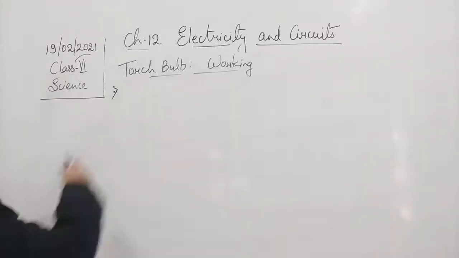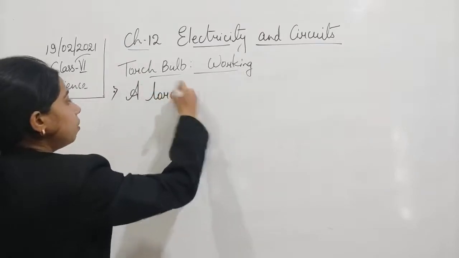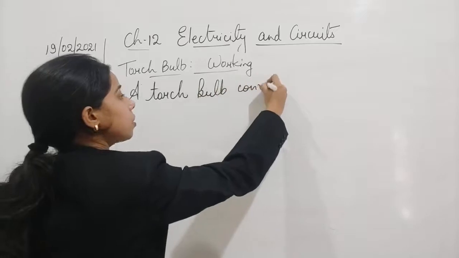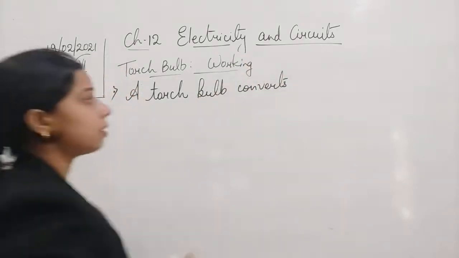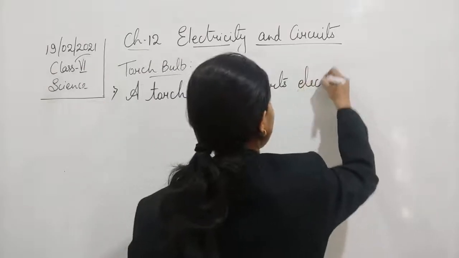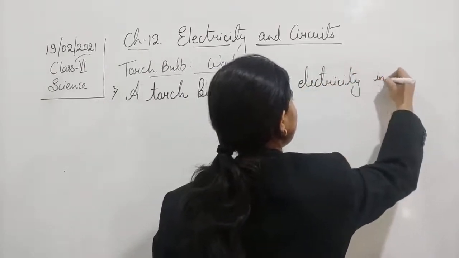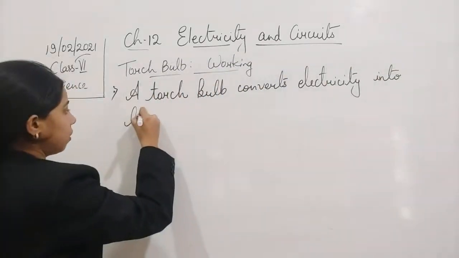So we can write that a torch bulb converts electricity into light.